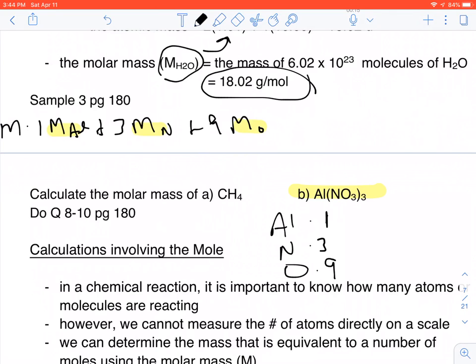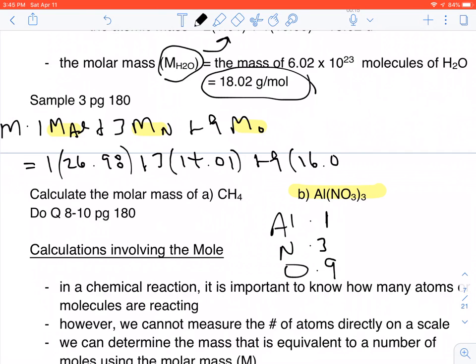So now I'm going to have 1 times the molar mass for aluminum, 26.98, plus 3 molar masses for nitrogen on the periodic table. Nitrogen is 14.01. And 9 molar masses for oxygen on the periodic table. Oxygen is 16.00.